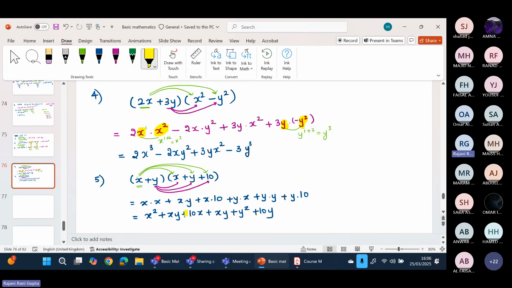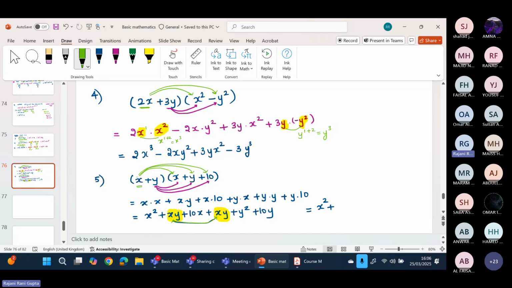Here, the thing is that you see xy and xy same. So you have to add that. So you can write it as x squared. Okay, what will I get if I add these two terms? Anyone? Can we cancel that?